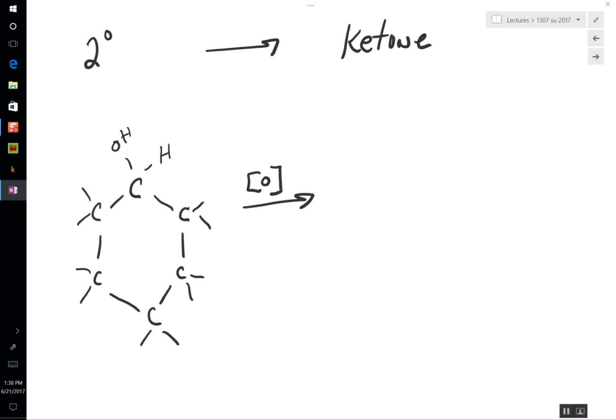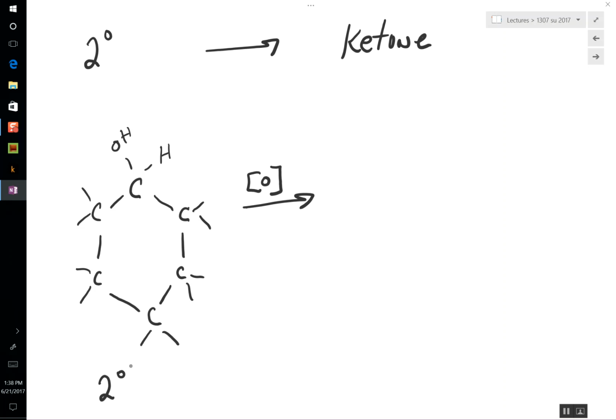Those 2 hydrogens. Yeah, there you go. Okay, put your hydrogens on there. This is a secondary alcohol, right? This is cyclohexanol. It's a secondary alcohol.